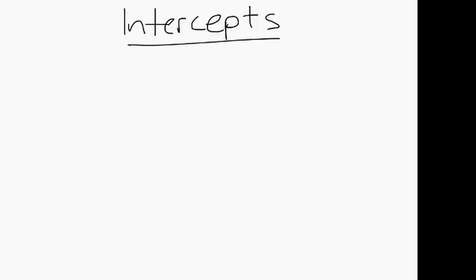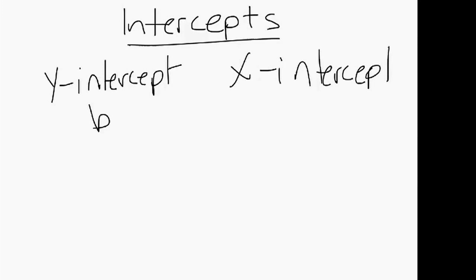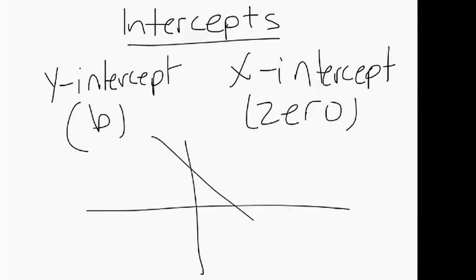Okay. Intercepts, we have our y-intercept, and another name for the y-intercept is b, and we have our x-intercept, and another name for the x-intercept is the zero. So if we have a graph and it looks like this, the x-intercept is down there, and that is always a number, 0.